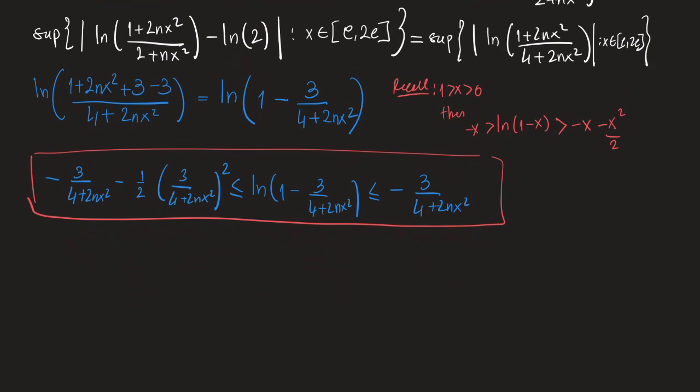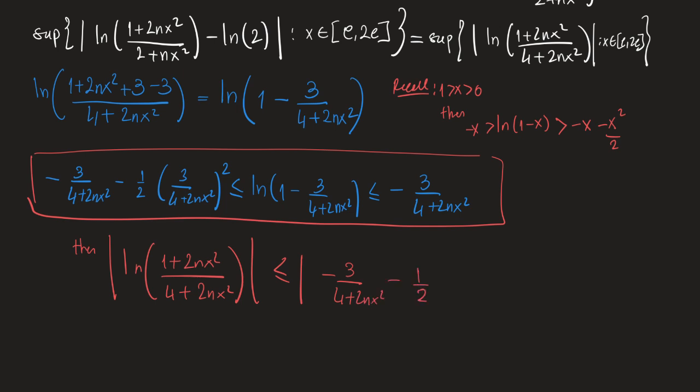The ln inside of the absolute value, 1 plus 2nx squared over 4 plus 2nx squared, is going to be less than, in absolute value, 3 over (4 plus 2nx squared) plus 1 over 2 times (3 over (4 plus 2nx squared)) squared. As you can see, this is going to approach 0.